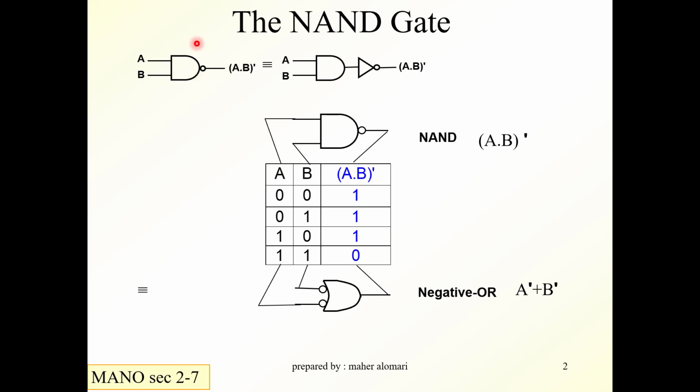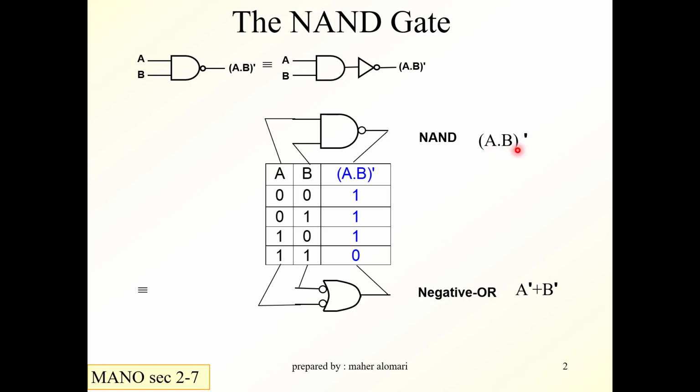So this is the symbol for the NAND gate. This is one symbol for the NAND gate. Of course, the output of this AND gate is A ANDed with B, all complemented. A ANDed with B, the complement, which is this one.